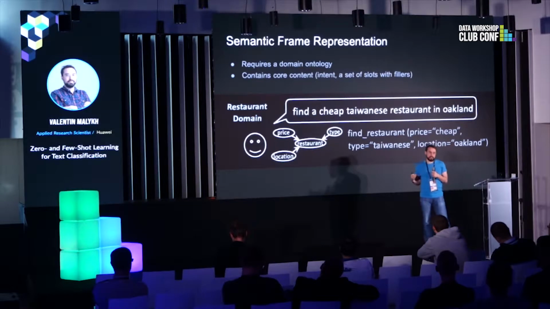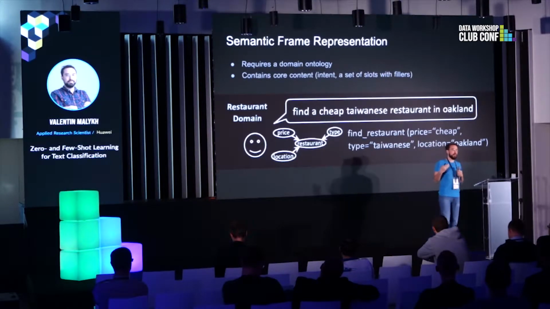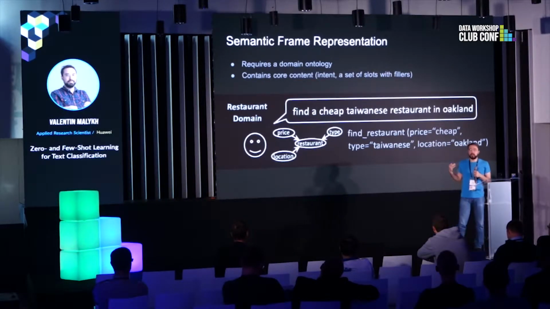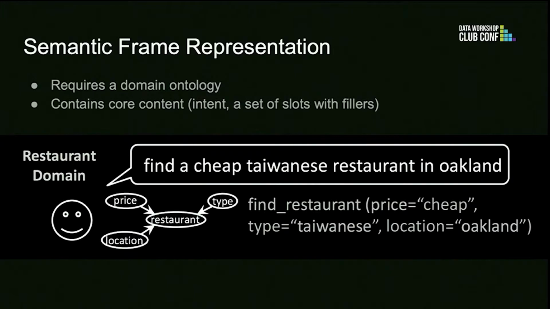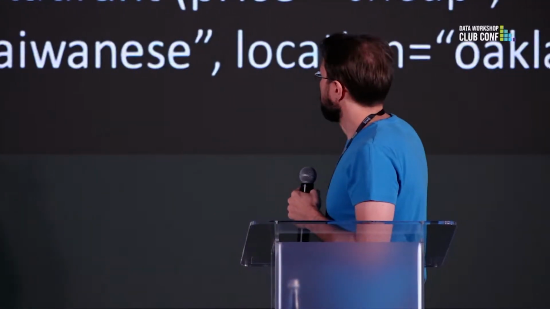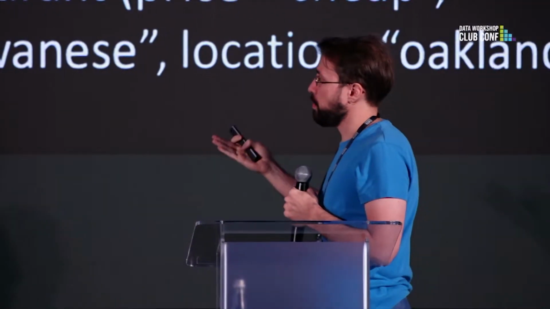In other domains, there should be other things, but this is important for this specific domain. So the idea here is like we have this example: find a cheap Taiwanese restaurant, and we want to extract some information from it.